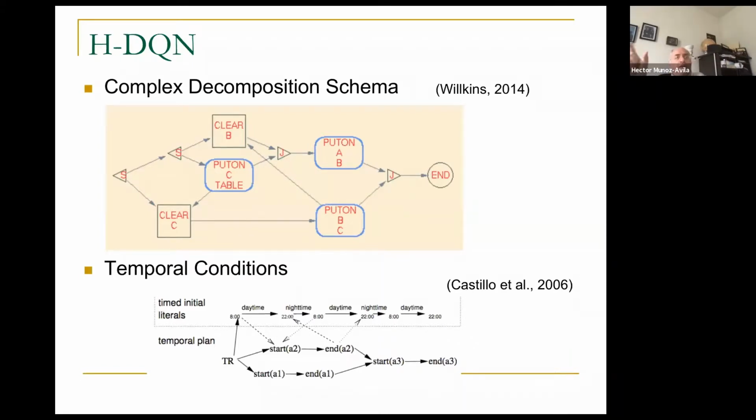Meaning, if you have a precondition in the learned method that was not a precondition in the handcrafted method, that's a false positive. I don't know which one was the negative. Or if you have a condition that is missing in the learned method that is a condition in the handcrafted one, then that will count as errors.